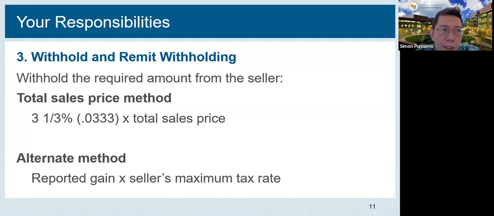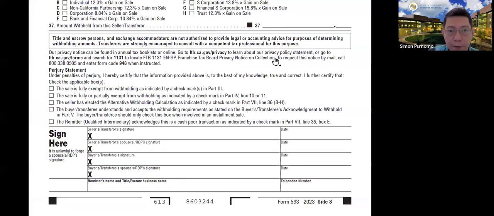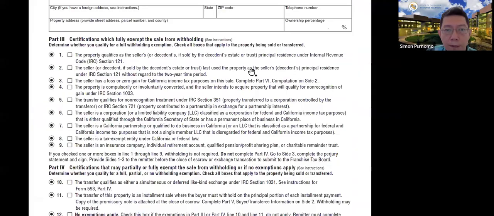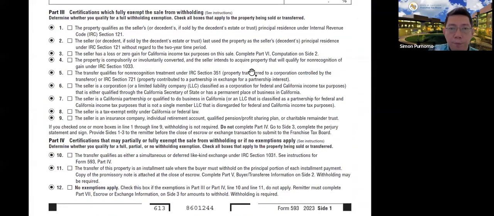Now, to use the alternative method, please remember Part 6 computation must be completed. It also must be completed even when the seller is claiming a loss or zero gain. Let me show you Part 6 computation on page 2.